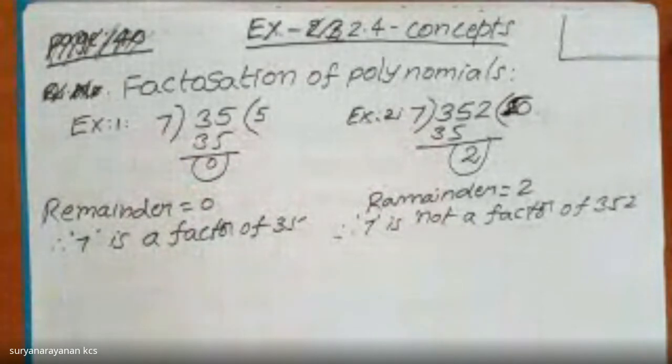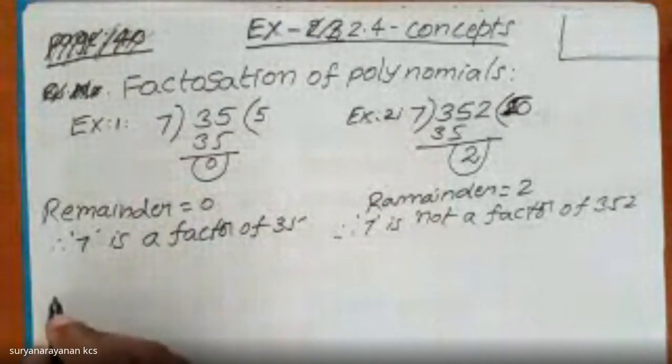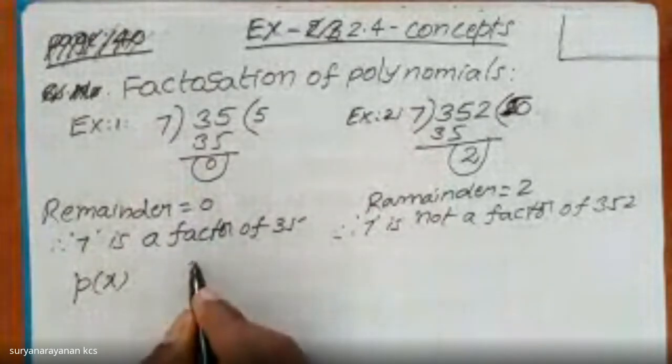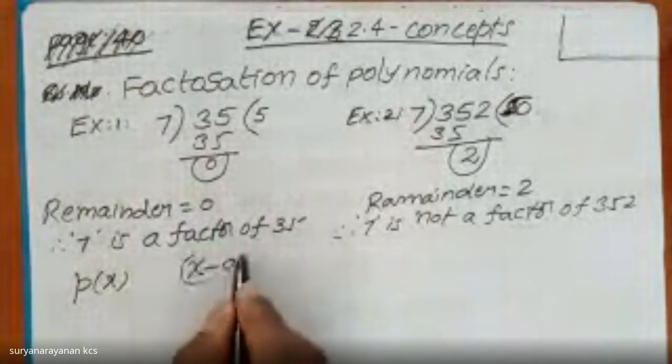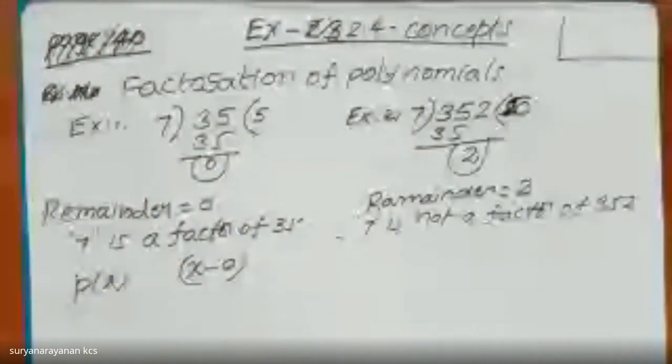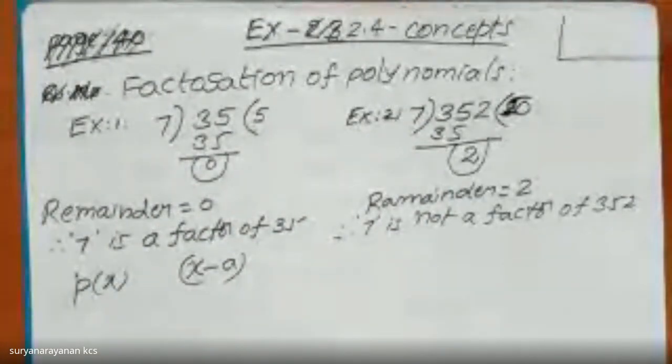Okay, my children. So, suppose they give a polynomial P of x. We have to check whether a linear polynomial is a factor. We just start with a linear polynomial, and we extend this concept for the other polynomials also.